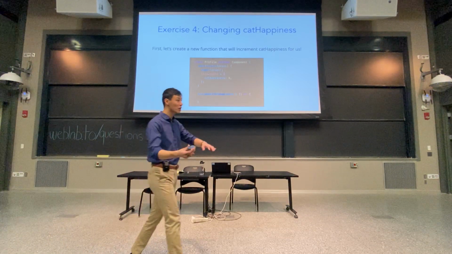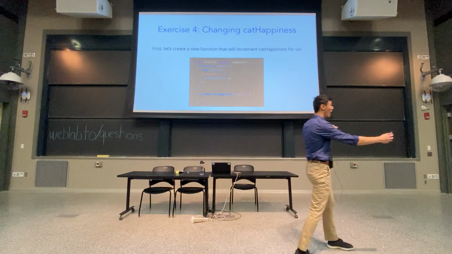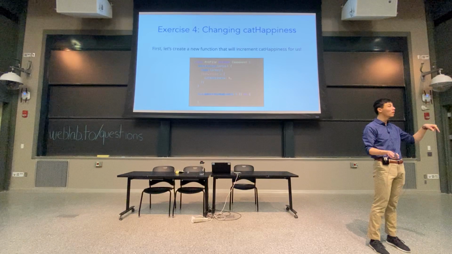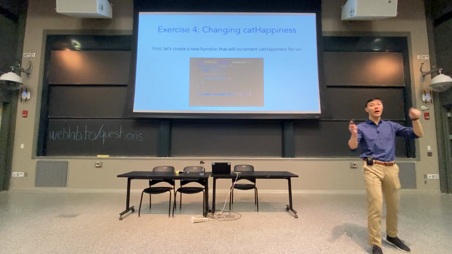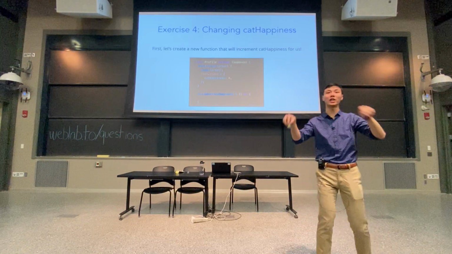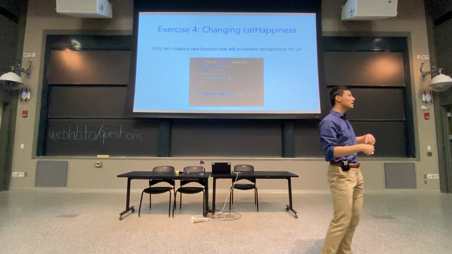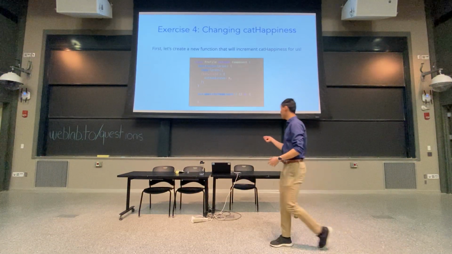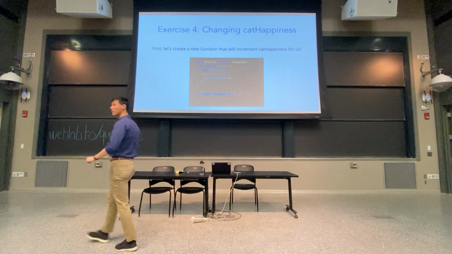But other components can only change it if we pass in a function. You guys remember our Airbnb carousel example? In order to change the picture, we have to pass in a function that allows it to change it. Same thing here. So we're going to pass in this increment cat happiness function.